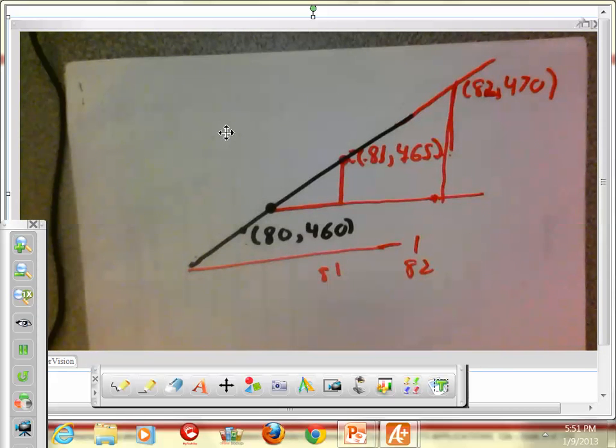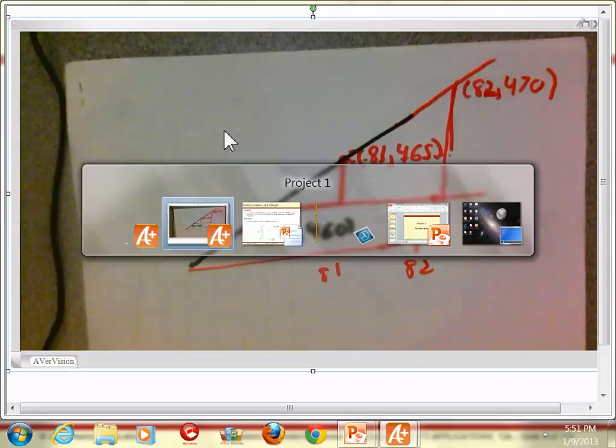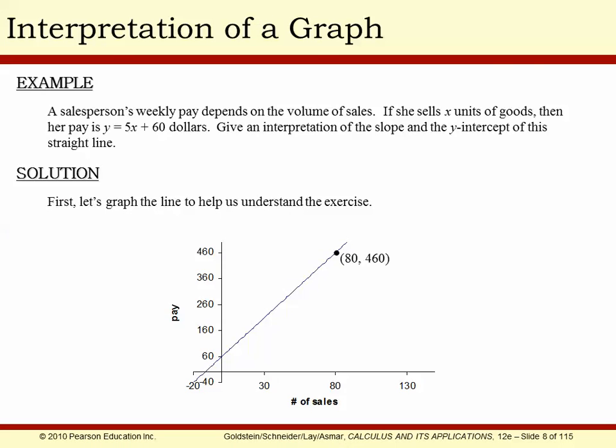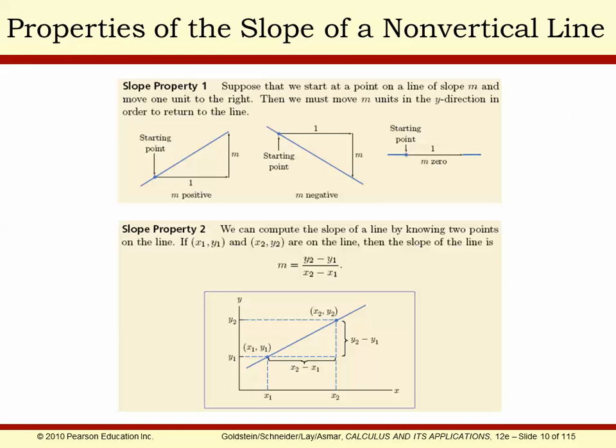All right. So let's go back over here. And that's what this first thing is saying: the slope of the line is how quickly the line is going up. It's not enough to plot the line because you need to start from somewhere. But if you have the slope and a point, you can figure out another point by going 1 over to the right and m up, where m is the slope.